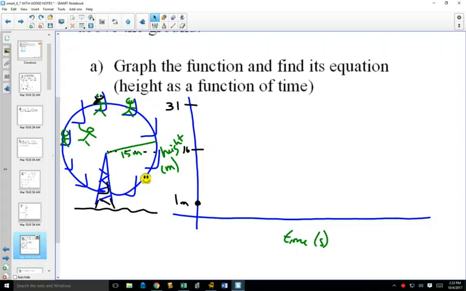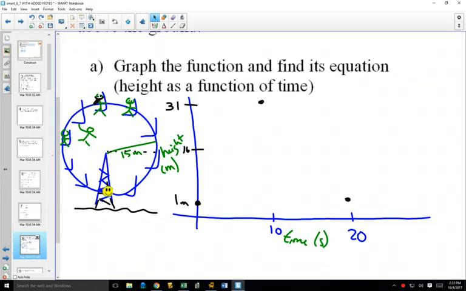How long does it take them to get back there? 20 seconds. So we can put on here, I know that at 20 seconds, I'm going to be all the way around. How long will it take to get to the top? 10 seconds. So if we cut this in half, we'll be at 10 seconds.